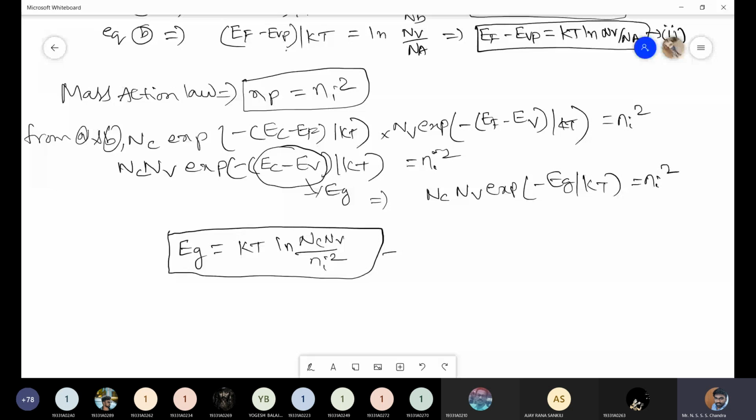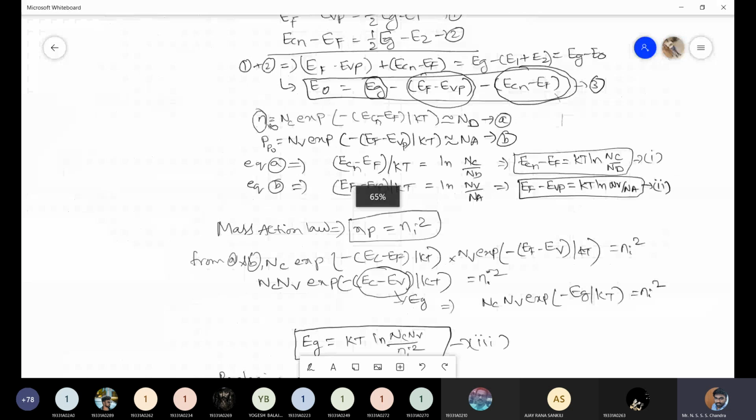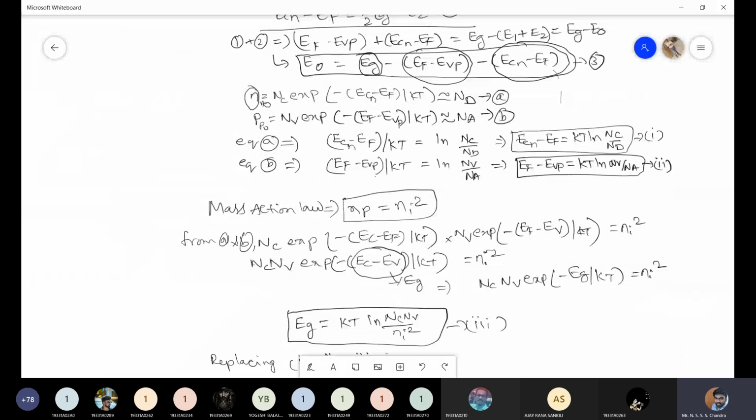So this is your equation number 3. Now replacing 1, 2, 3 in equation number 3, not Roman 3.